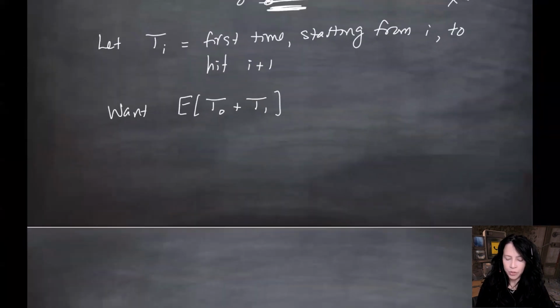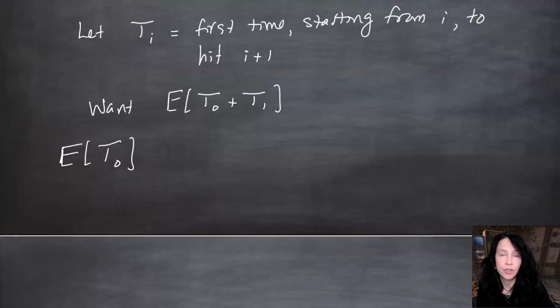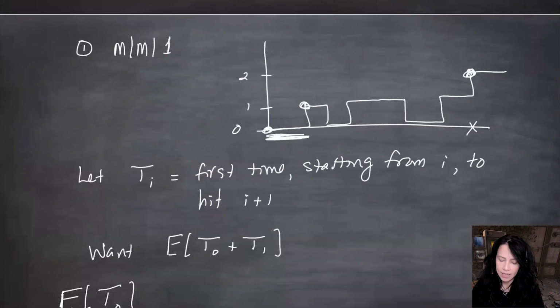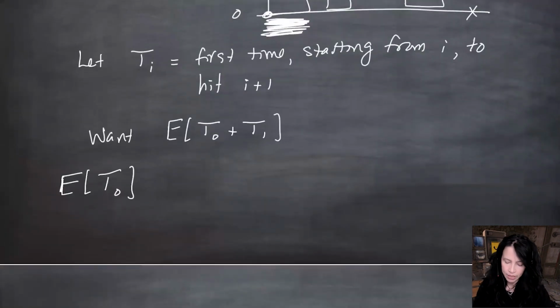So of course you can run that expectation across. Starting from 0, the expected time it takes us to first hit state 1 is an exponential amount of time with rate lambda. That's the input process, the Poisson process. So this is going to be 1 over lambda.